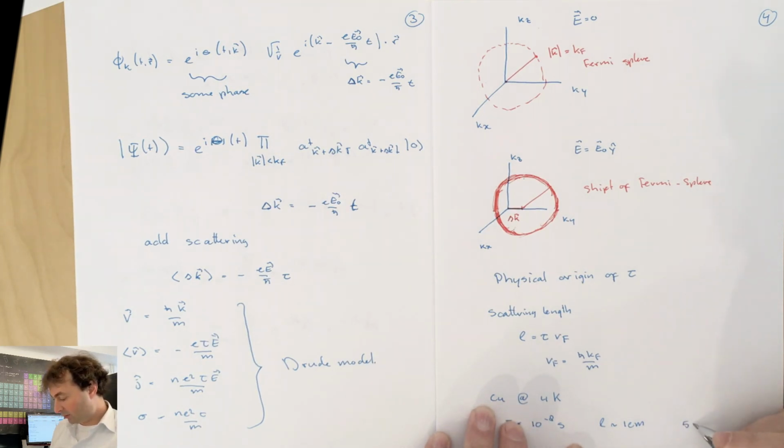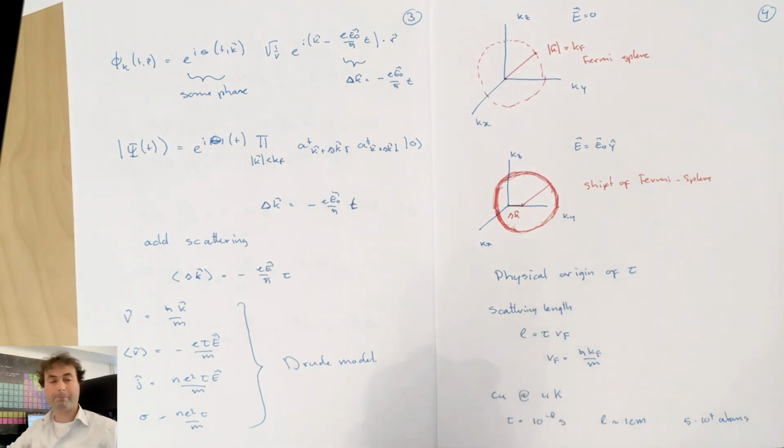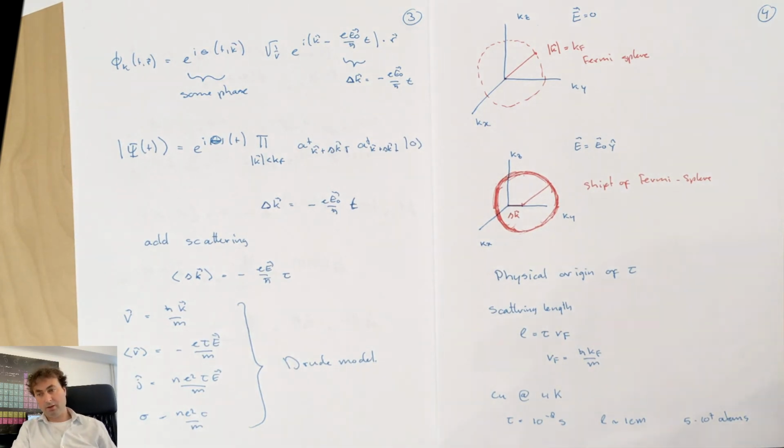That means you travel about 5 times 10 to the 7 atoms before you scatter. So this electron travels past 10 to the 7 atoms before it scatters. So the scattering is really not the electrostatic potential of the atoms that sit on a regular lattice. It must be something else.